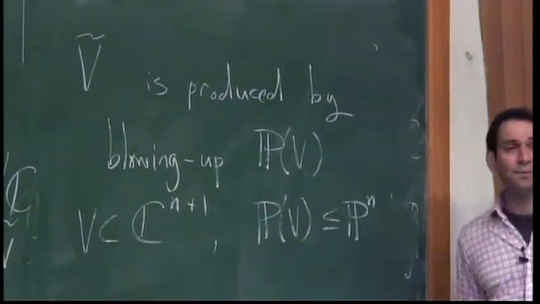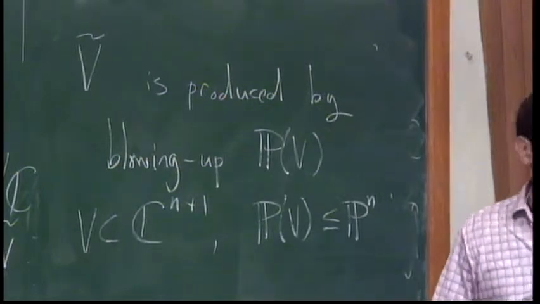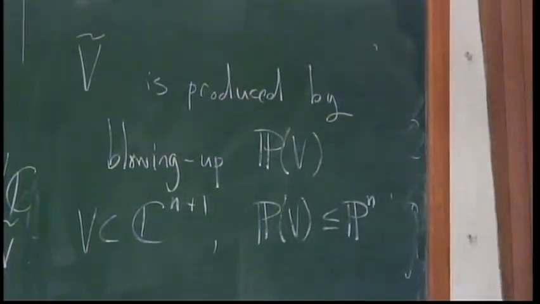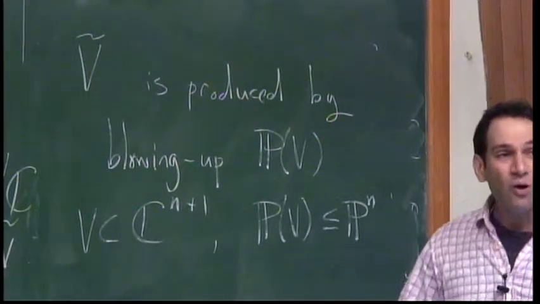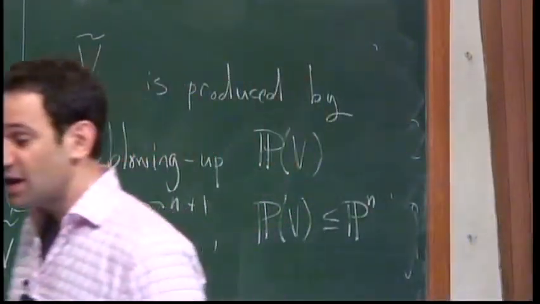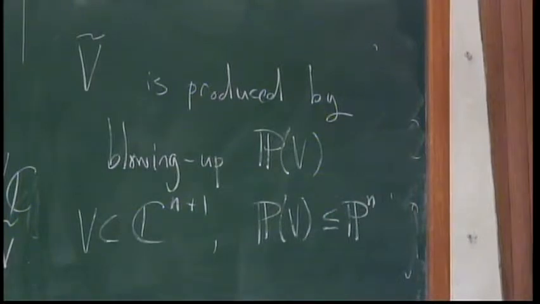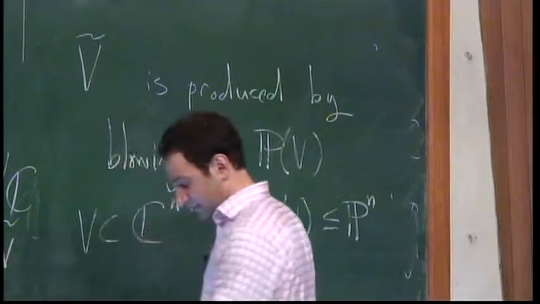So we start by blowing up the coordinate points, meaning the points in P^n, only one of whose coordinates is non-zero. Then I blow up the proper transform of the lines between the coordinate points. Then I blow up the proper transform of the planes containing 3 of the coordinate points, and so on. And it produces a space V tilde.